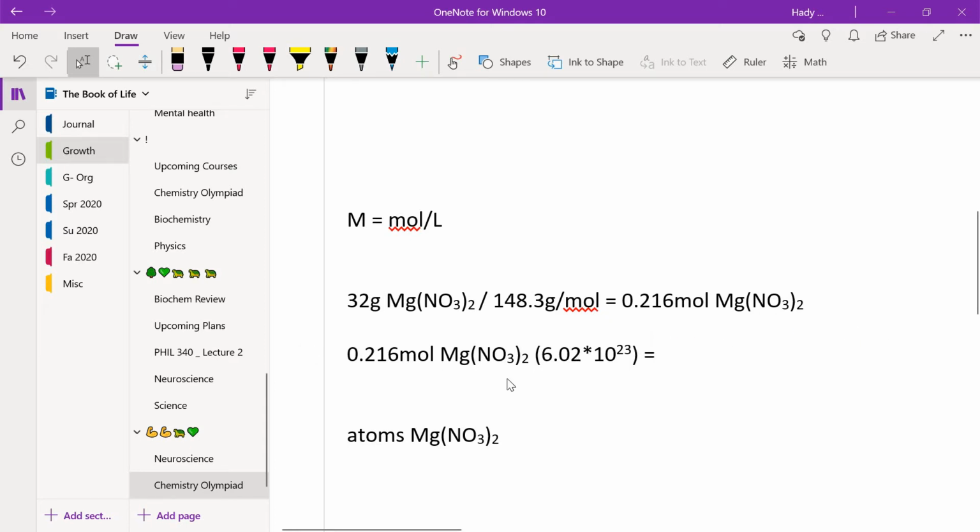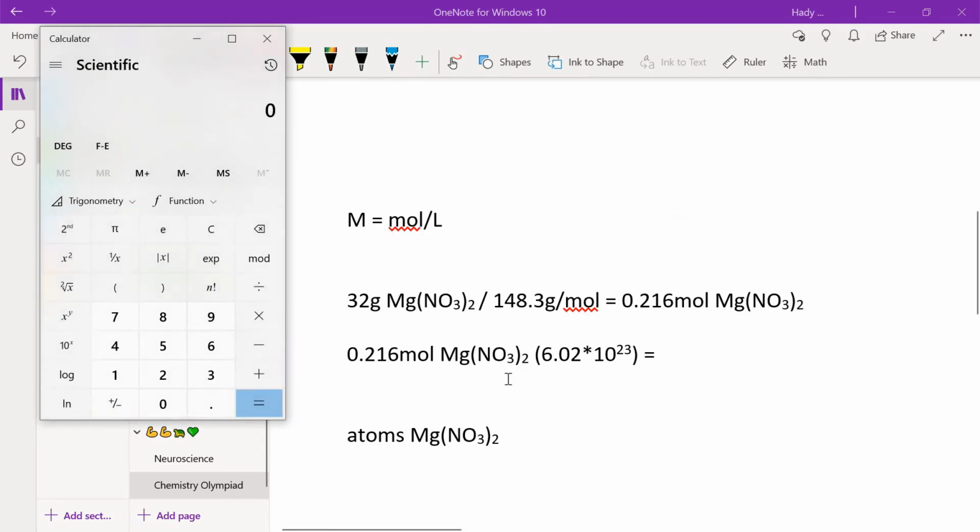Okay, yeah, so we're gonna have to just calculate this real quick. So 0.216 times 6.02 times 10 to the 23rd. So in 1 mole you have this many atoms. 1 mole of anything you'll have this many atoms.